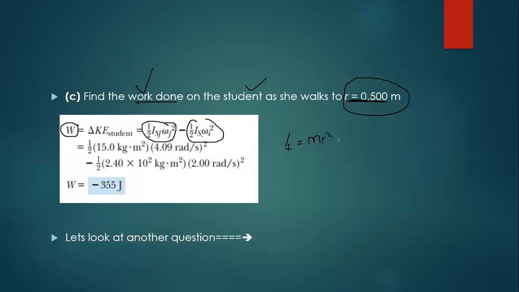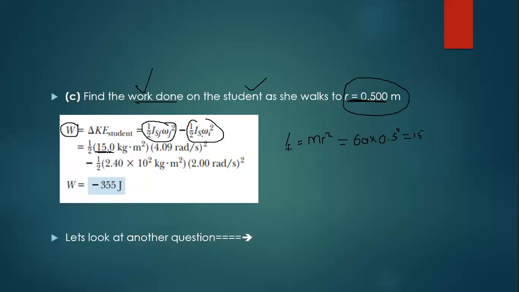The mass of the student was 60 kg, multiplied by the final radius of 0.5 squared. So if you do 60 multiplied by 0.5 squared, you will find 15. So that's where this 15 is coming from.